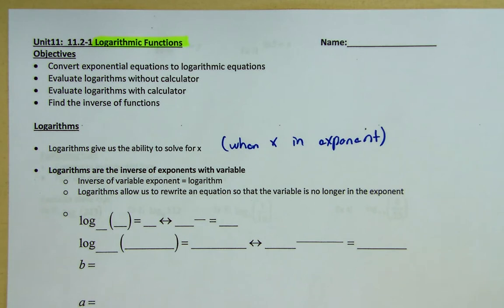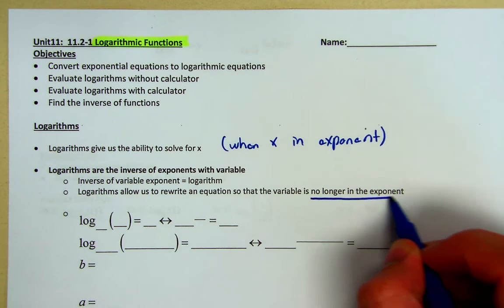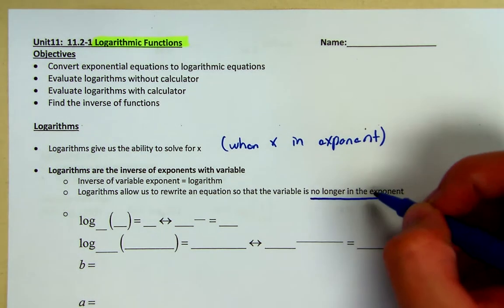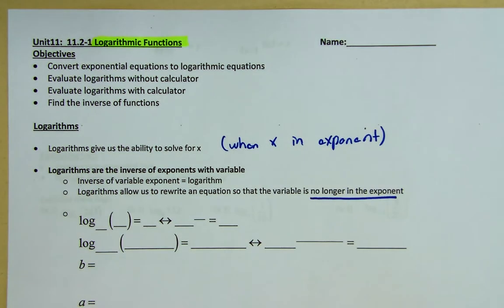So first, let's talk about what a log looks like. They're inverse of variable exponents. So basically, a logarithm is an inverse of an exponential function. Logarithms allow us to rewrite an equation so that there is no longer an exponent. So again, going back to that ability to solve for x.